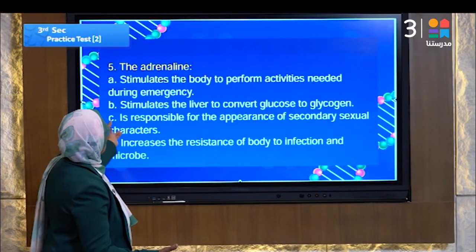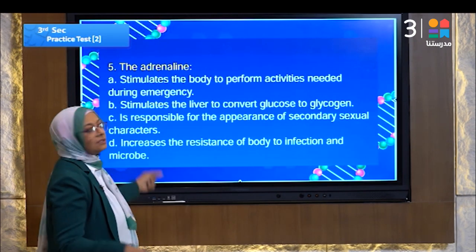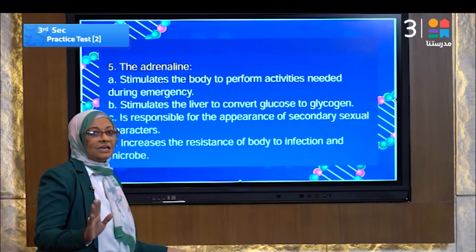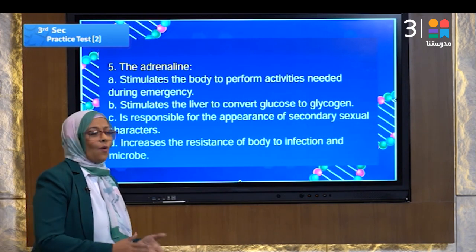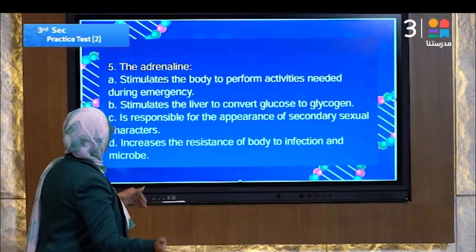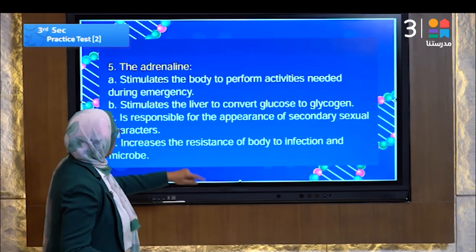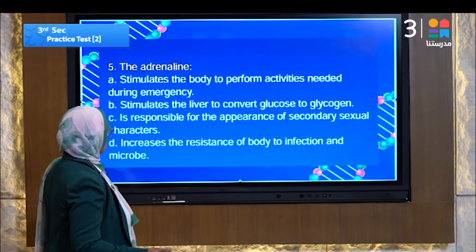Let's go to C: is responsible for the appearance of secondary sexual characters. No, that's not adrenaline. D: increase the resistance of the body to infection and microbes.